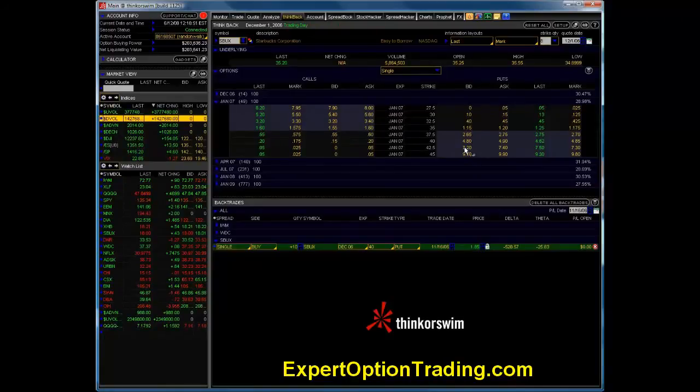That's approximately a $3 difference. How much did we lose in the stock? Well, the stock went from $39.43 down to $35. That's about a $4,000 loss. However, we gained almost $3,000 in the price of our put option.